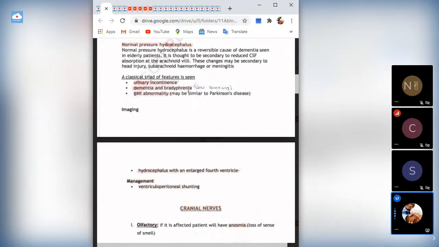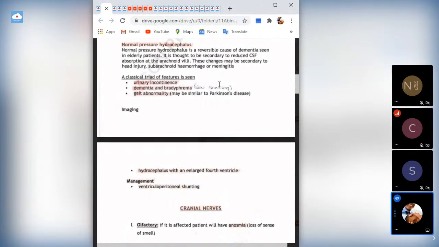Bradyphrenia means slow thinking, all right? Paucity of thought, very slow, sluggish thoughts. That's bradyphrenia. Then gait abnormality may be similar to Parkinson's disease. Then hydrocephalus with enlarged ventricles. Like I mentioned, there must be enlargement of ventricles for you to say there is a hydrocephalus.